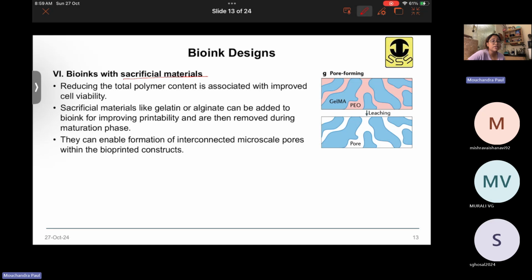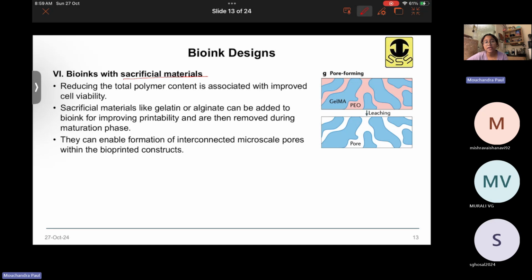But if you use a very high polymer content, the cell viability is often reduced. If the polymer-to-cell ratio is very high, the cells will have less space inside the 3D environment to move, grow and proliferate. So the overall cell viability in long-term studies will get reduced.